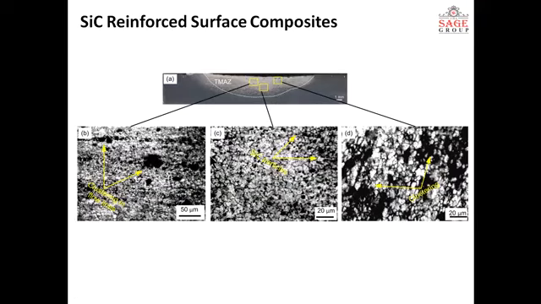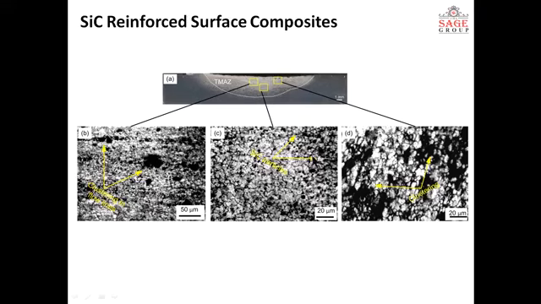And these are the micrographs of some surface composites which we manufacture. This is the process zone, and in this zone we have captured some images of areas which are not well processed, to see the defects and the causes of the defects.